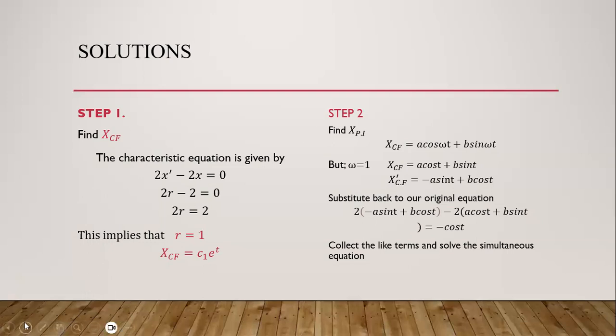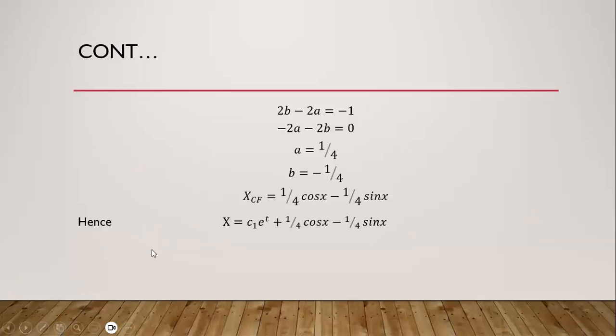In my equation, I simplified it and had 2b minus 2a equals negative 1. Those were the coefficients of cos t. And then negative 2a minus 2b equals 0 were the coefficients of sine.